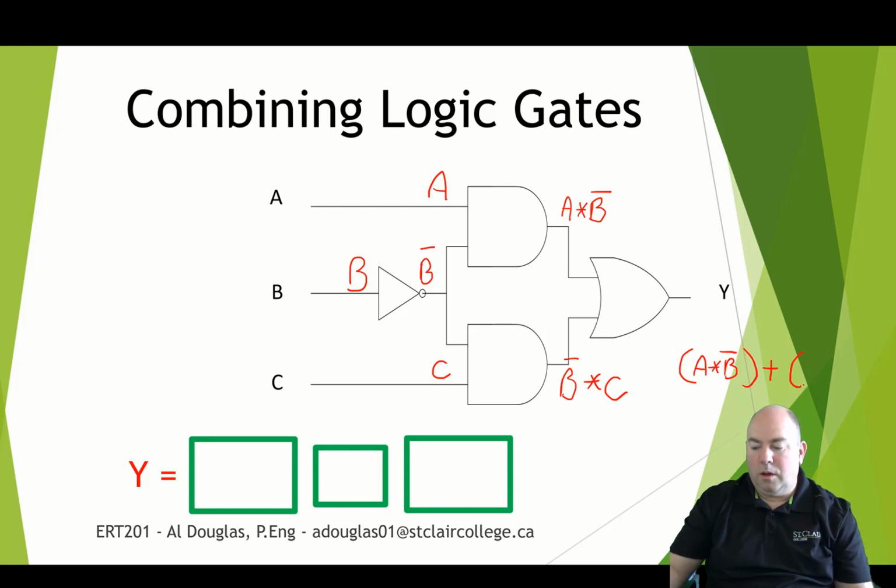Or B bar C. And just one thing to remember here as well, the order of things doesn't really matter. So that is the same as that. The order does not matter. Okay?